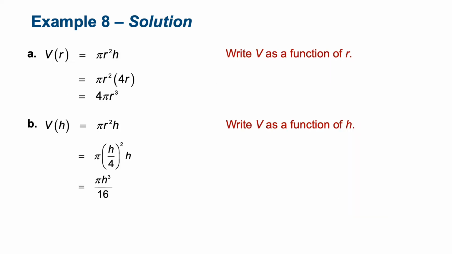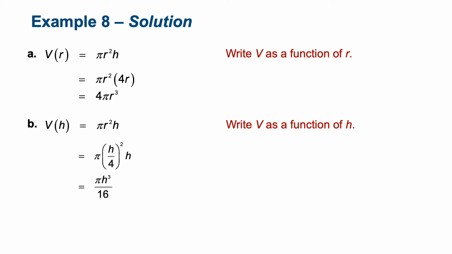So for A, this is our volume formula, right? It's pi r squared h. But remember that h over r is equal to 4. So if we solve for h, you get 4r, and you just plug that in for h. So V of r equals 4 pi r cubed, and that's writing V as a function of r.